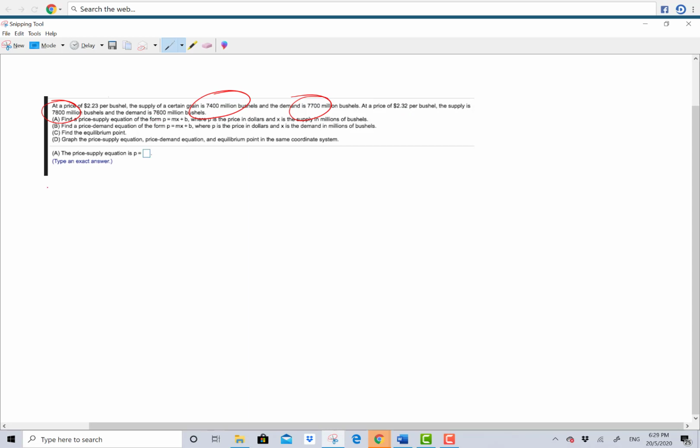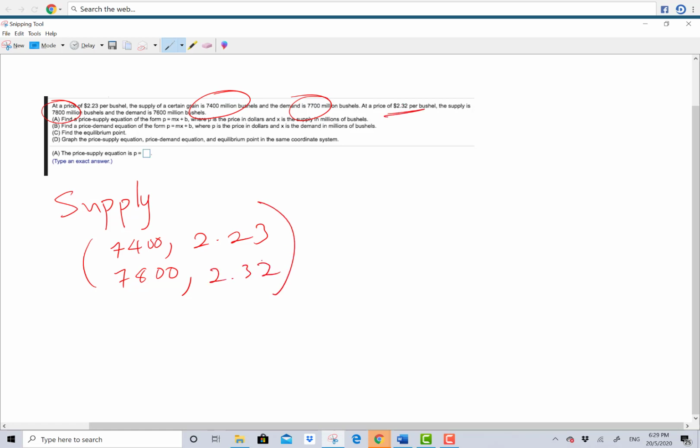So I just need a coordinate pair. For the supply, I'm going to have 7,400, and the matching price is 2.23. Also, I'm going to have 7,800, which matches $2.32. That's my coordinate pair for the supply.